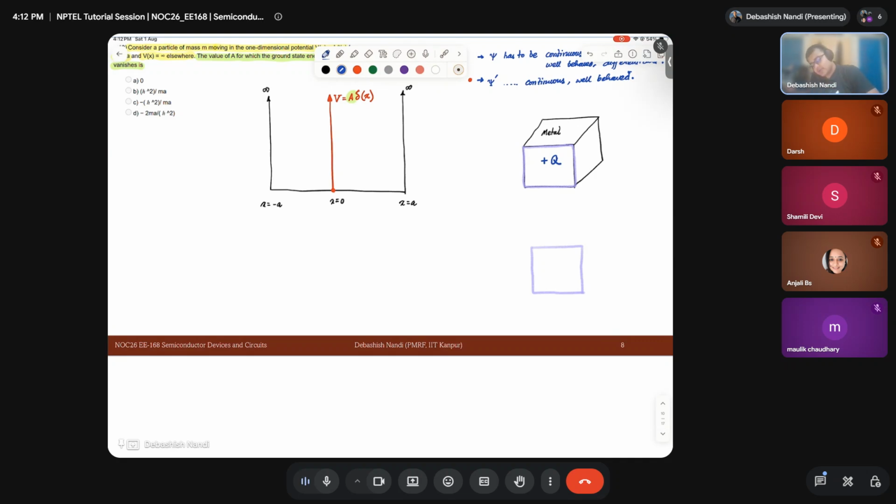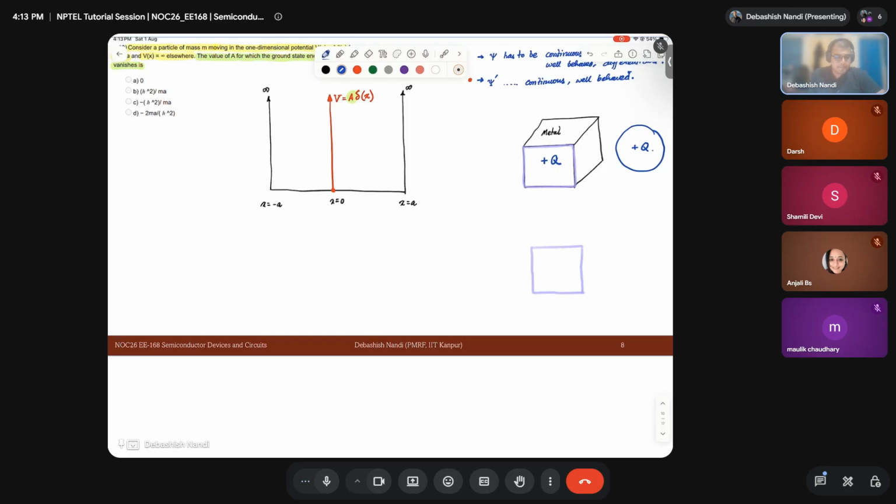And what about a metal sphere? If it is charged with plus Q, where are the charges located? Come on, this is very trivial stuff, right? In a metal sphere, where are the charges located?